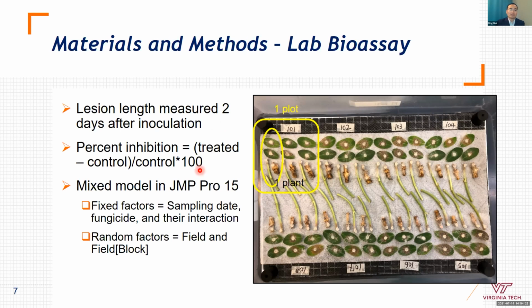We used this equation, and we used the mixed model in JMP for the statistical analysis. We included sampling date, fungicide, and their interaction as the fixed factors. Because this experiment was repeated in 2 locations, we included field and block nested in field as random factors.